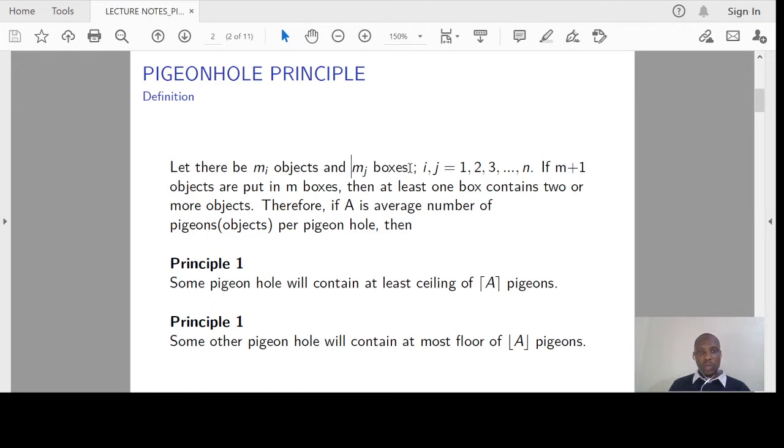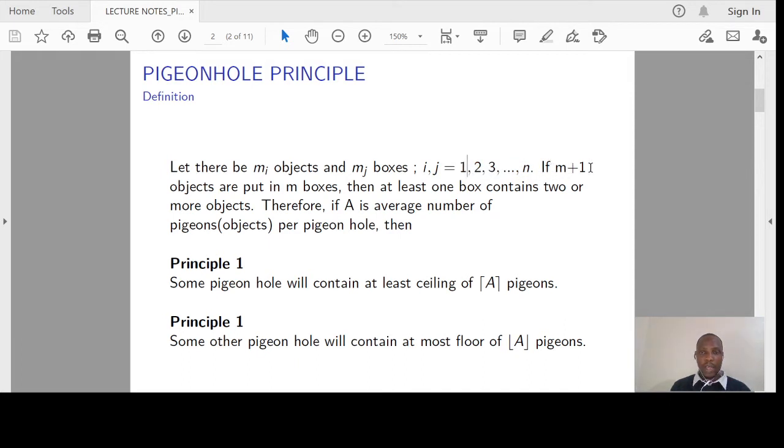So what we want to do is that we have boxes and we have objects, and we would want to put these objects inside the boxes. The subscripts i and j will take numbers from 1, 2 all the way to n. In other words, it will consider the whole cardinality of the set.